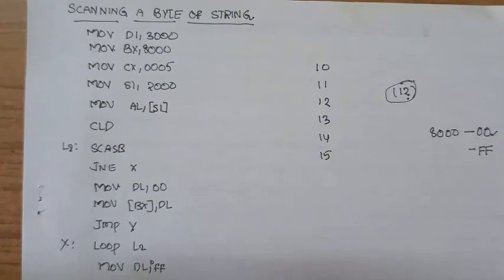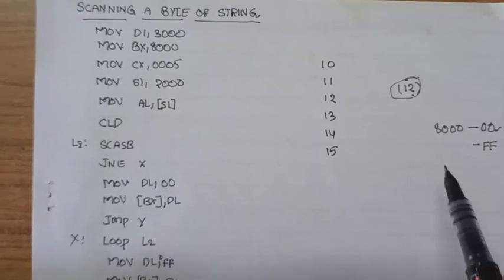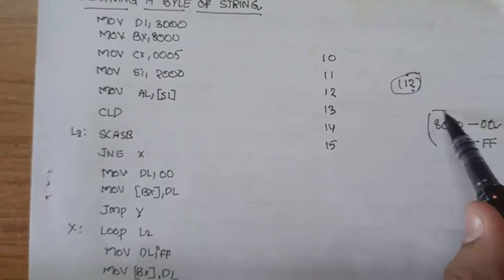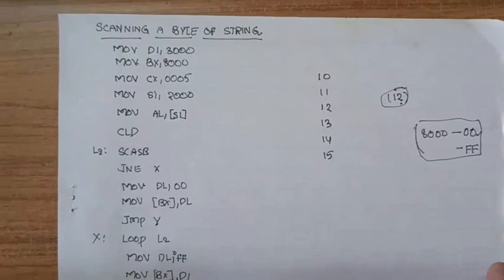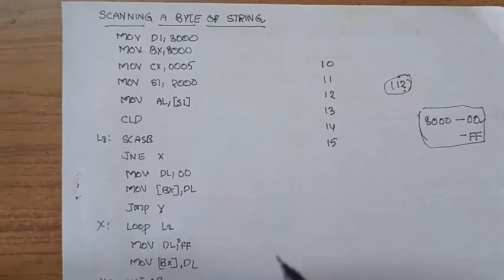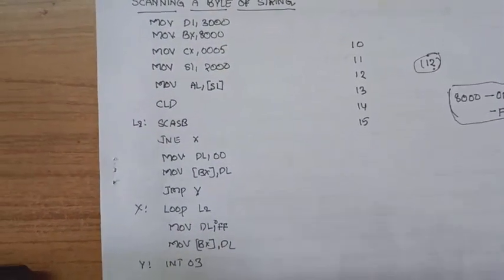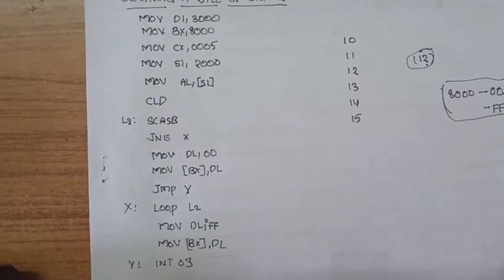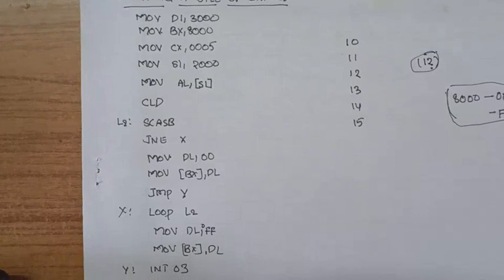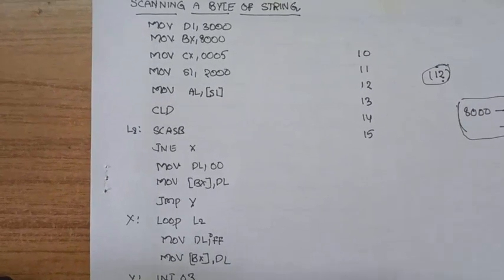Any sort of logic can be written using this program. This is not a fixed way to write the logic of scanning a byte in this lab. The thing to be identified is whether the data is available or not.